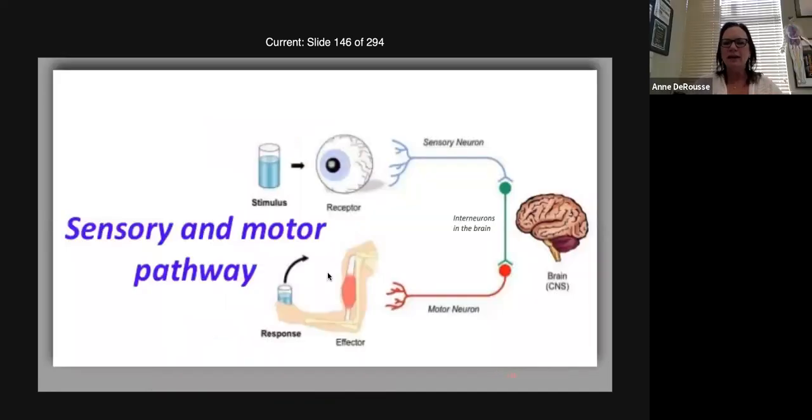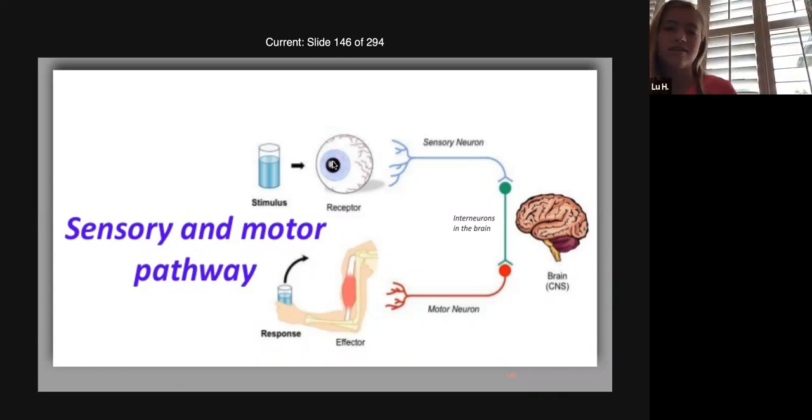Okay. So again, it's going to start with a stimulus, receptors in whatever sense organ. Do you remember there was a question on the reading quiz that said, where would you expect to find receptors? And it listed your muscles, your mouth, and a couple of other places. I had trouble figuring that one out.